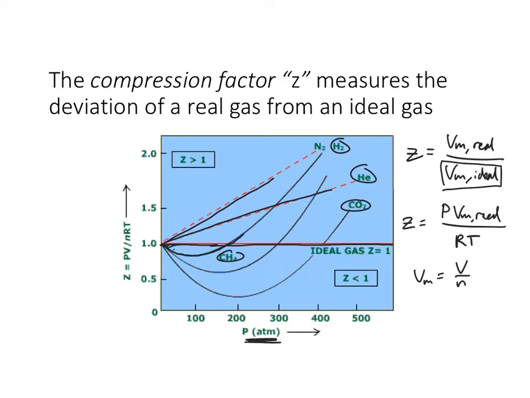And that's just implying that for this region right here, for that gas, the attractive forces are dominating and making this molar volume lower than you would expect for an ideal gas at that pressure. Okay, but eventually when we get to a pressure that's high enough, the attractive forces get overwhelmed by repulsive forces, and that's when the curve really runs away and becomes higher than 1.